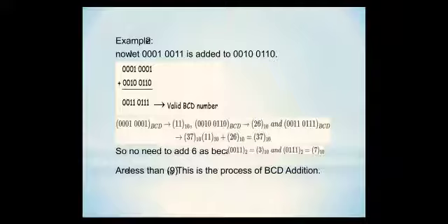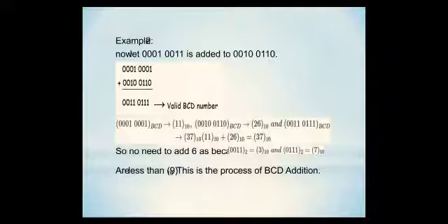Here 13 is added to 26. First we add the 4 bits, adding 4 bits here. Finally we get the valid BCD number.